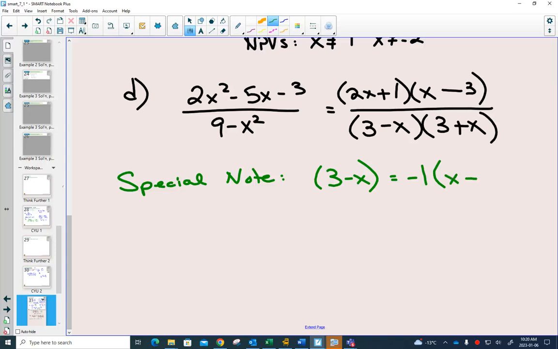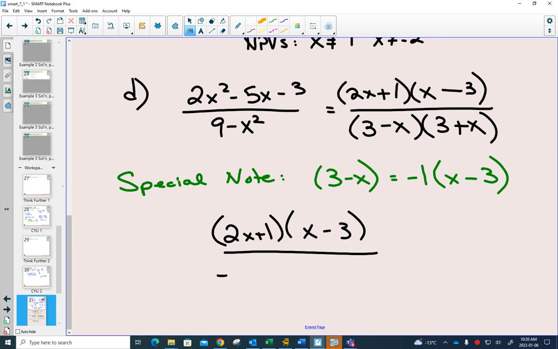And so, taking out a negative would allow me to switch that. And now if I rewrite what I have, on the top I have 2x plus 1 and x minus 3. And on the bottom I've now factored a negative out. Yeah, 3 plus x is the same as x plus 3.